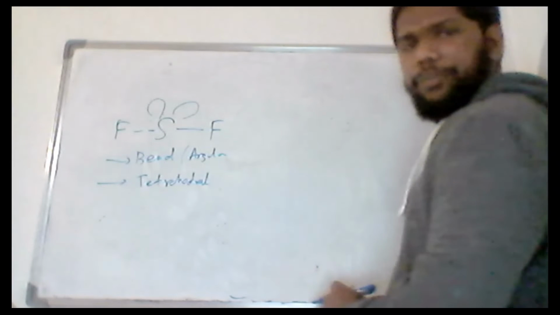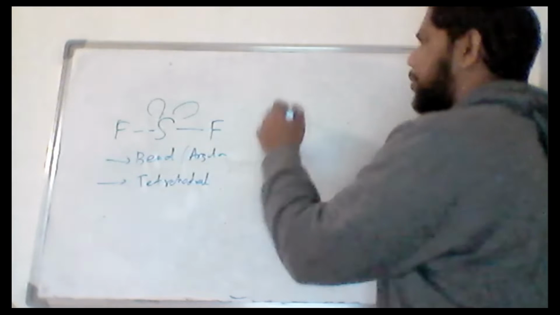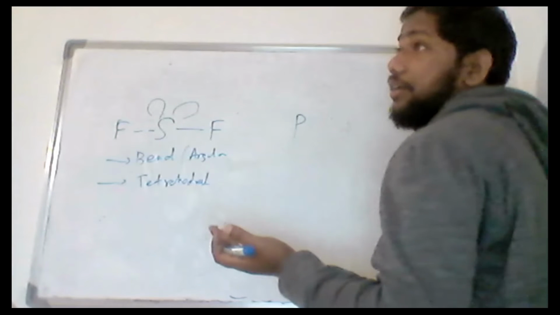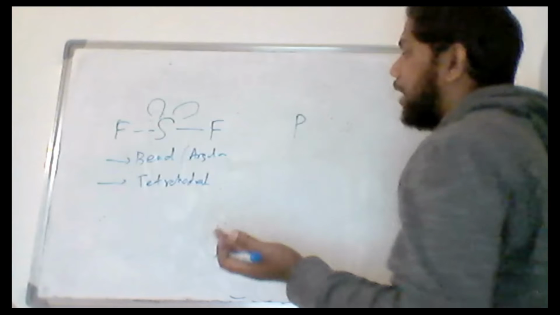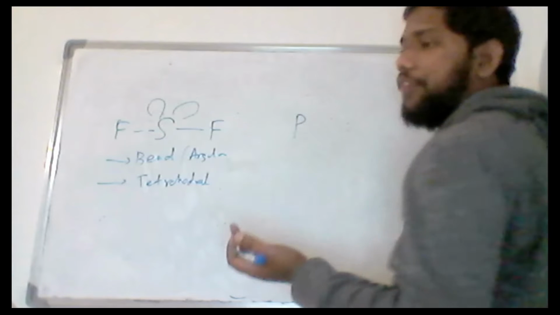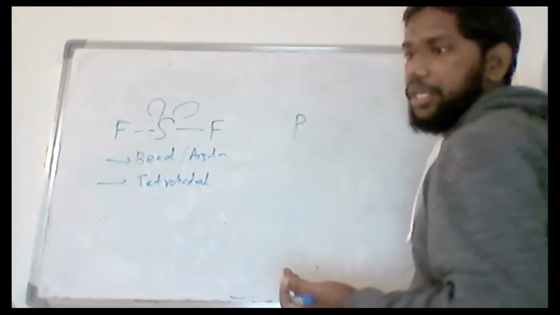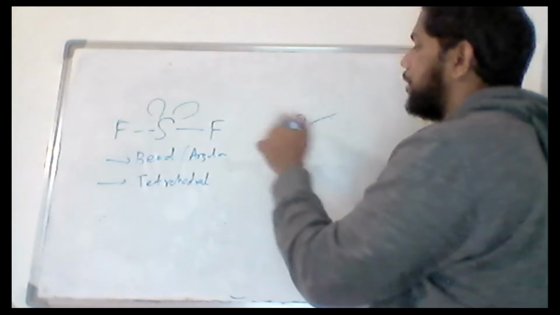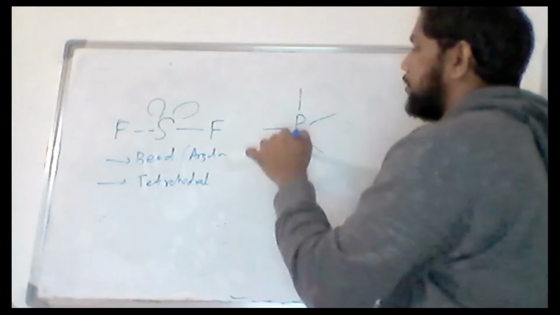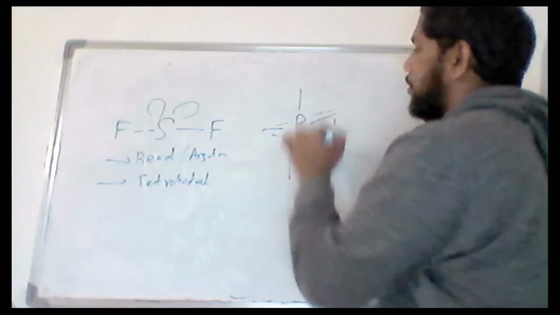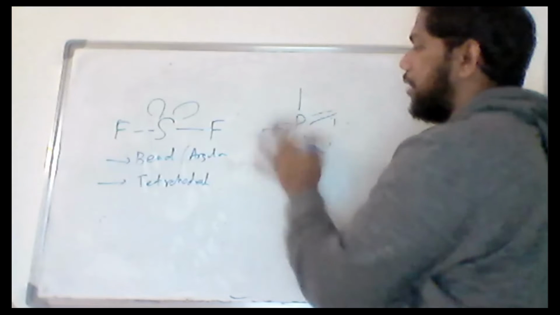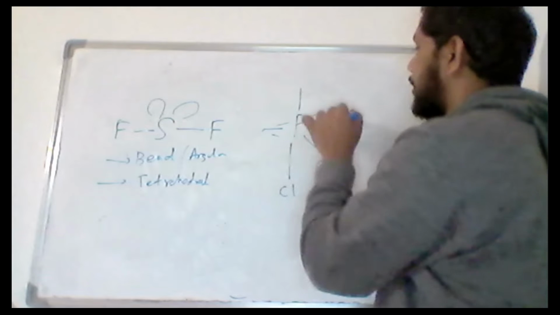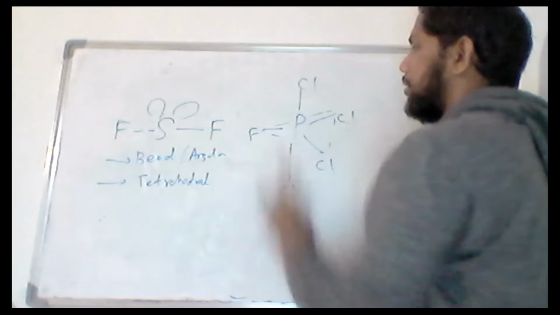Then the second one is PCl4F. So phosphorus, there are 5 electrons, and you have already 5 atoms participating in bonding. So this will be like this, mostly like this. You can draw like this. For an example, I will put the chlorines like this, fluorine like this.